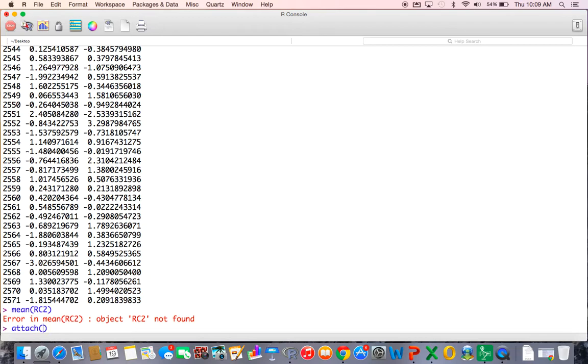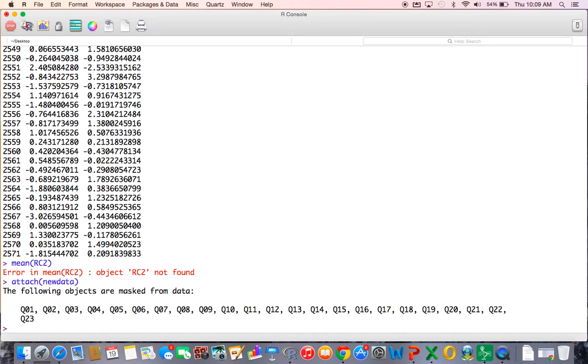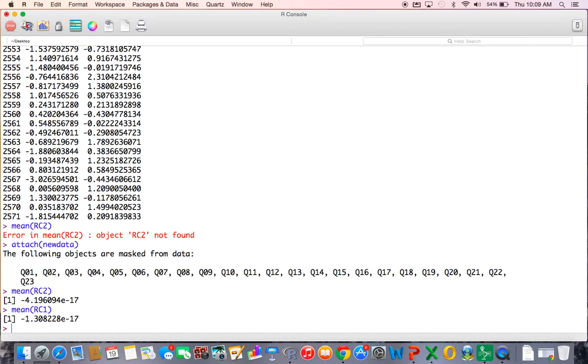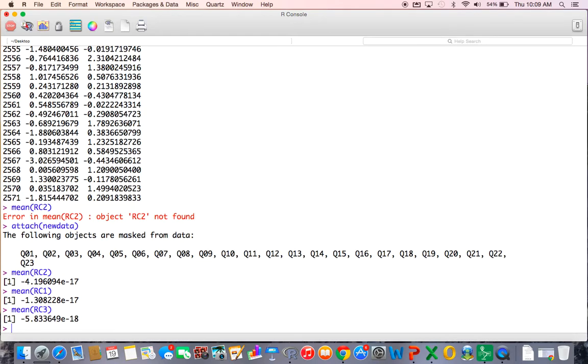Okay, there we go. I just had to attach the new data set where I bound the new stuff in there. So we can see that the mean of the factor scores for RC2 is 0. And I'll just go ahead and show you something so you'll know this in the future. 0. Gee, I wonder what this one will be. You got it. And same thing for the fourth one.